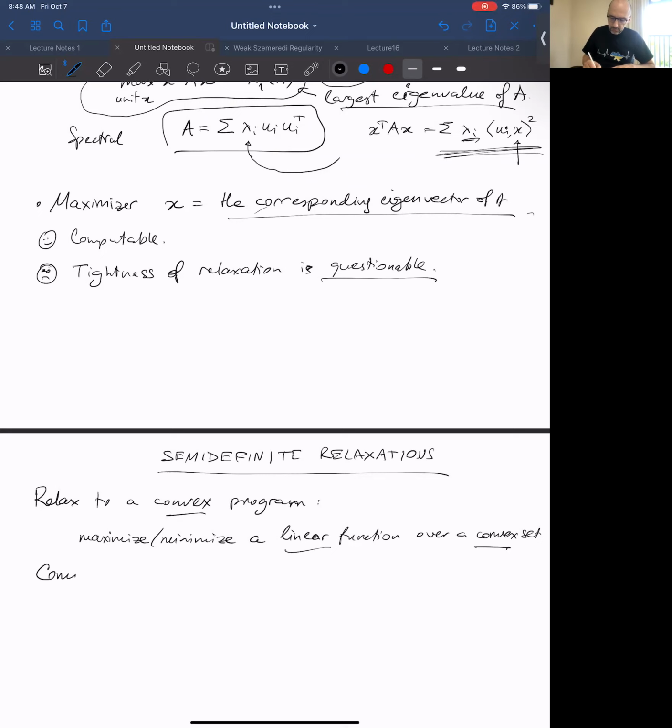This is computable always. This is an easy convex program, minimize a linear or maximize linear function over a convex set.